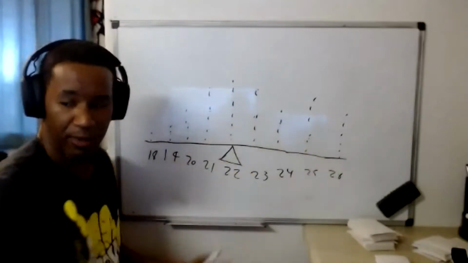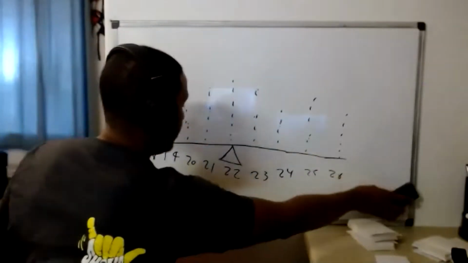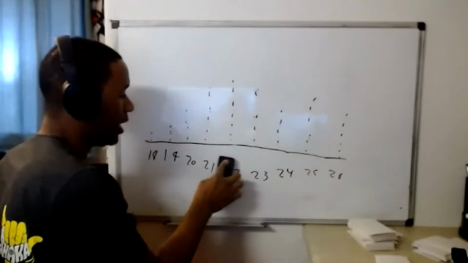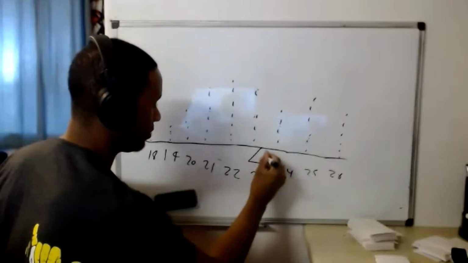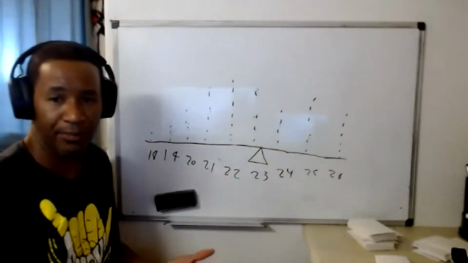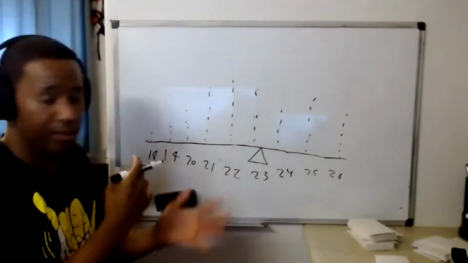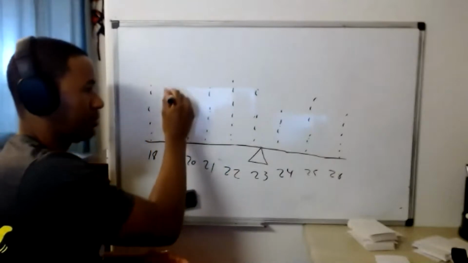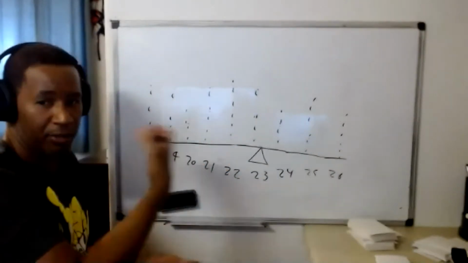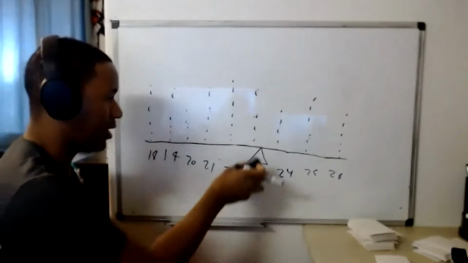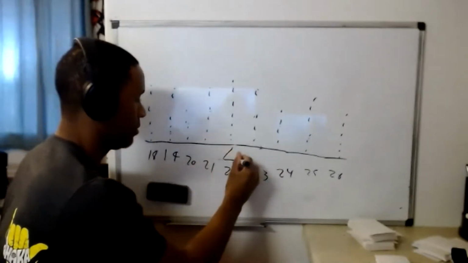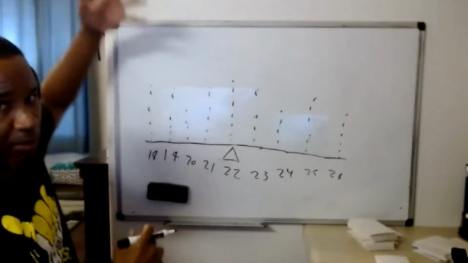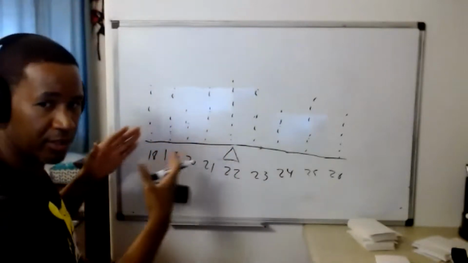It's going to have to move over to accommodate all the scores. So it's going to maybe shift over to 23. Likewise, if I start throwing some more younger people into the distribution, well, what's the mean going to do? It's going to shift back to accommodate these other people. If I throw way more young people in here, then again, it's going to shift to the left.